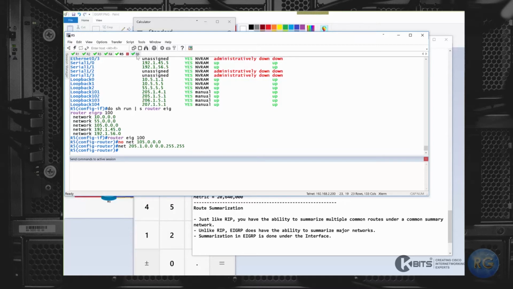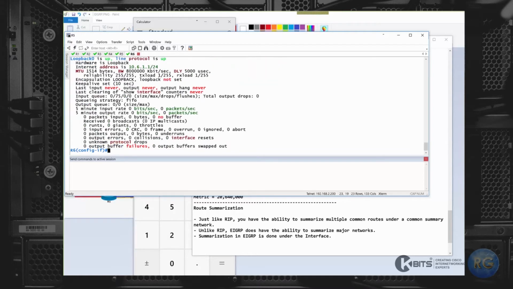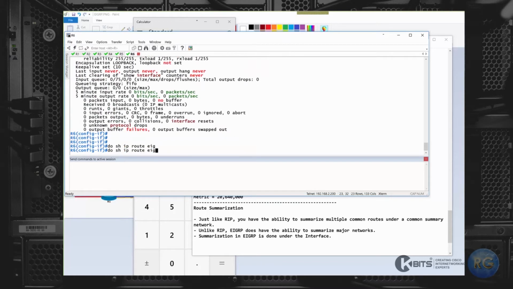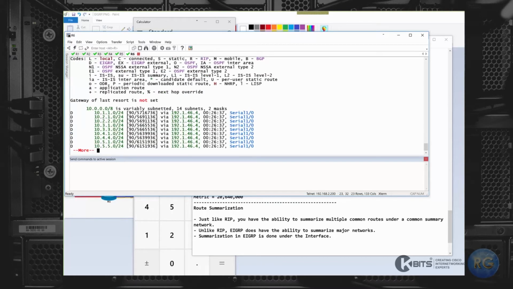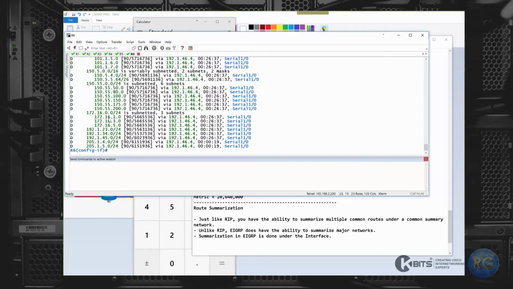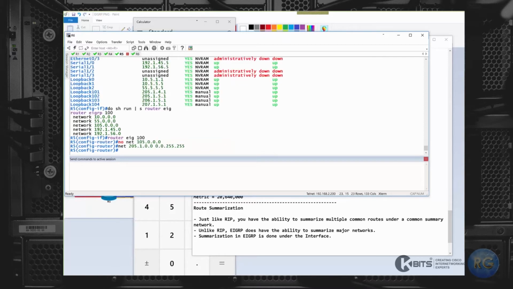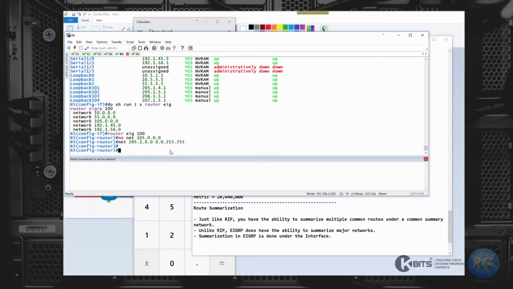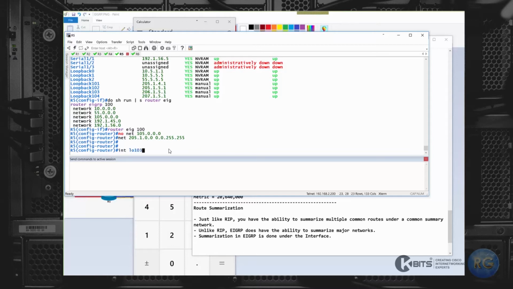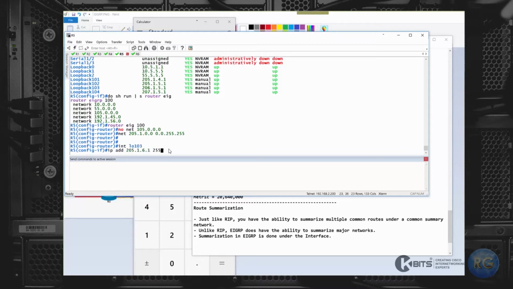So if I go to 6 now, show IP route, EIGRP, I should have the 205 network somewhere. 4 and 5 have come. What happened to the rest? Oh, I call them 206 and 207. IP address 205.1.6.1.